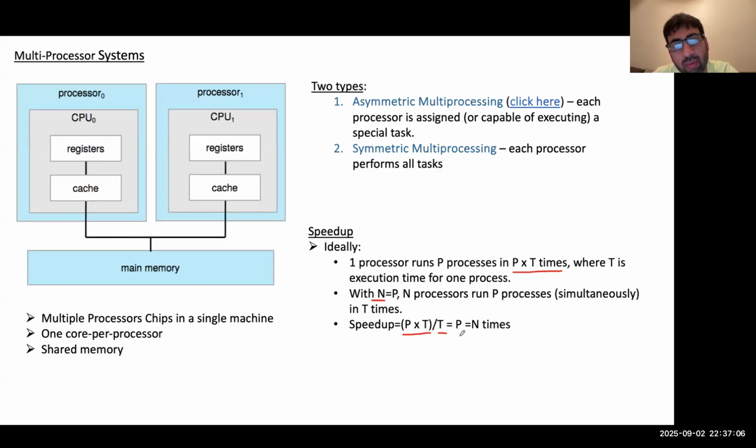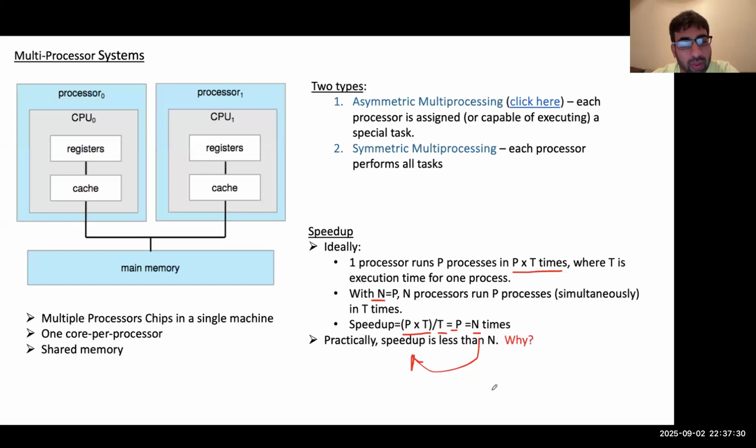We simply divide the time and we get P, which is equal to N. So basically, if we have N processors, then we can have a speed up of N times, just like in that washer example. If we have 10 persons cleaning the dishes, then we can have 10 times speed up, right?